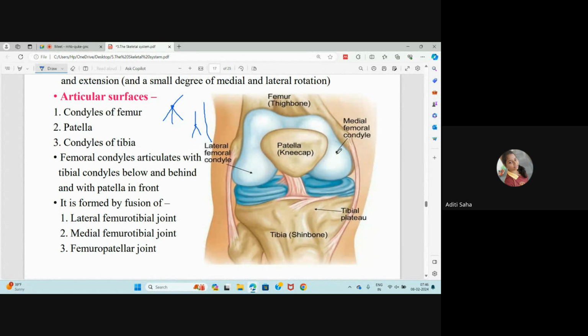Now please tell me, in this anatomical figure, this is the right knee joint.